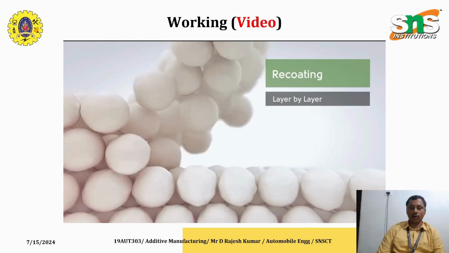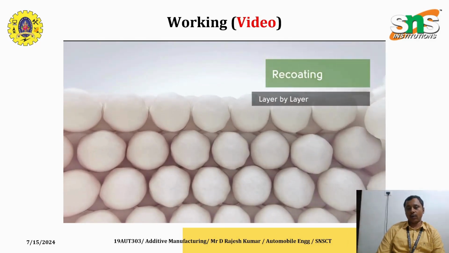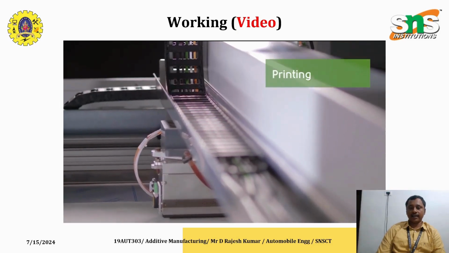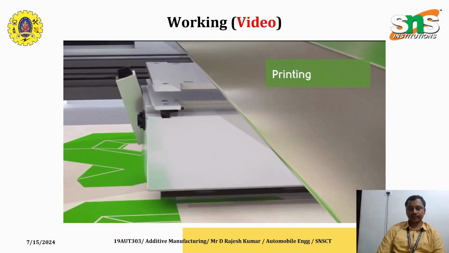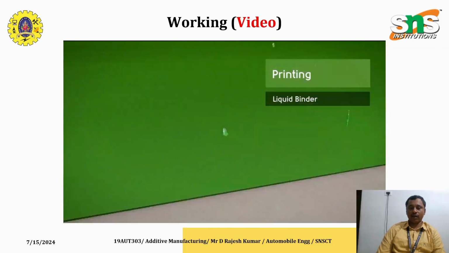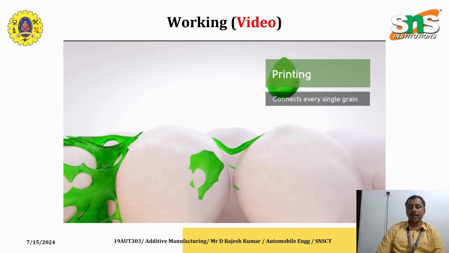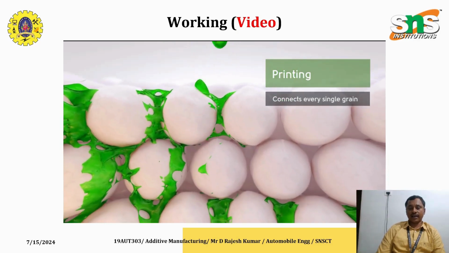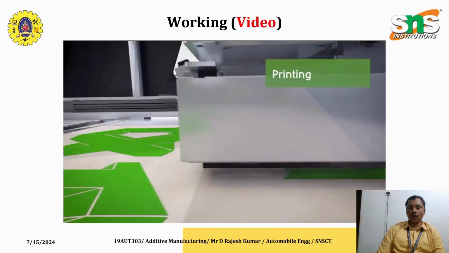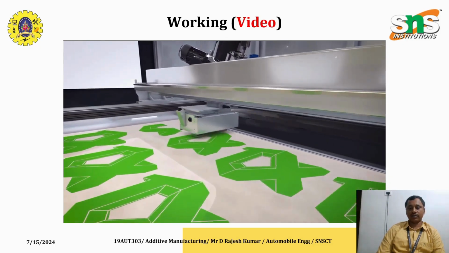You can see how the particle is laid over the layers. Once it is laid, the printhead supplies the binding agent. This binding agent that is in the liquid form is sprinkled in between the particles. This action helps to bond the particles. So this is how layer bonding is achieved.